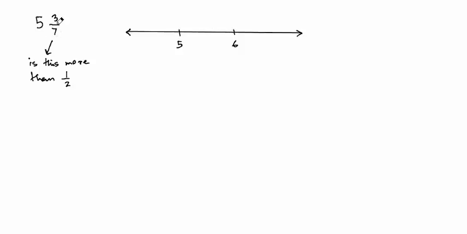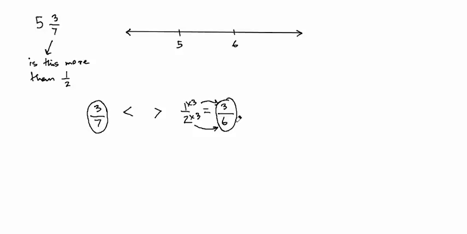So how do you figure out if 3/7 is less than 1/2 or more than 1/2? Now the fraction equivalent to 1/2 with a 3 on the top is 3/6. If you multiply the numerator and the denominator with 3, you get 1 times 3, that's 3, and 2 times 3, that's 6. So the question is between 3/7 and 3/6, which is more?